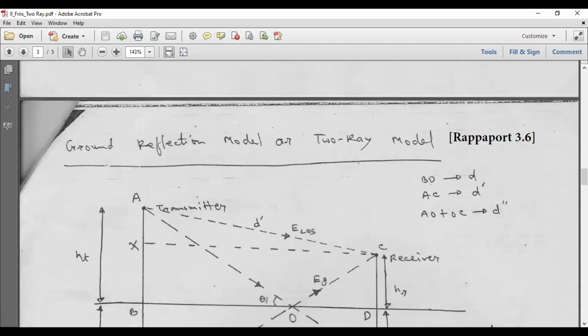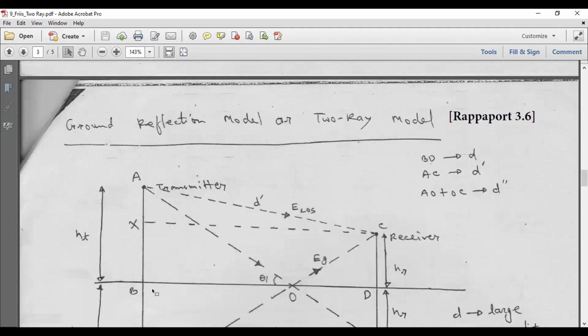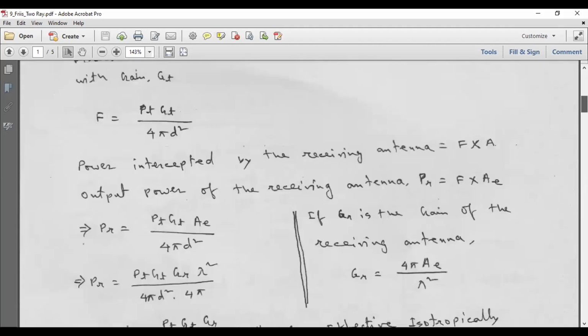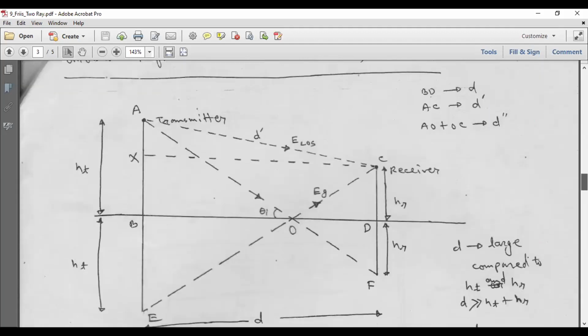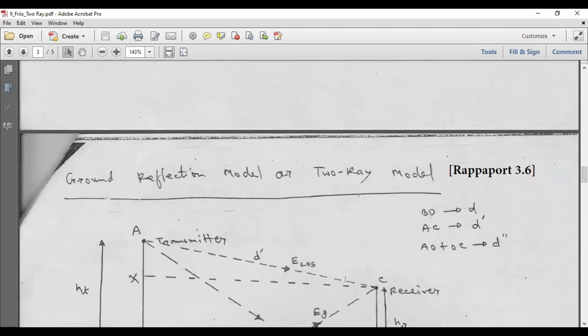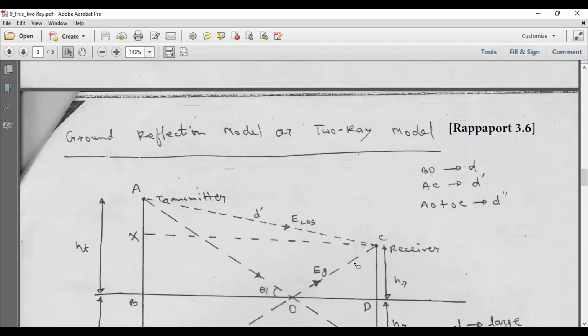We'll consider a communication between 2 points, now with a ground below that. Like we have 2 towers, say AB and CD, and you have transmission from A, reception at C. So there will definitely be a link A to C that will be just like what we have considered today. This is the LOS communication link, which will have the free space communication method.